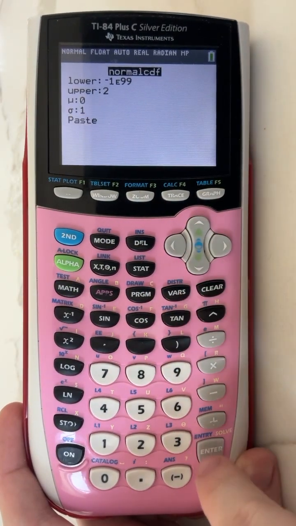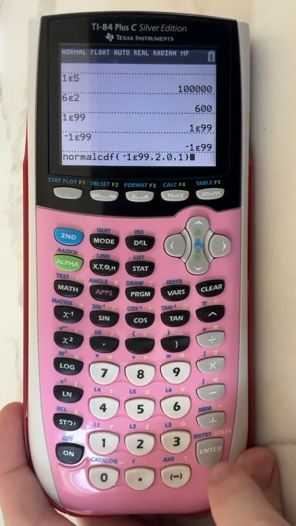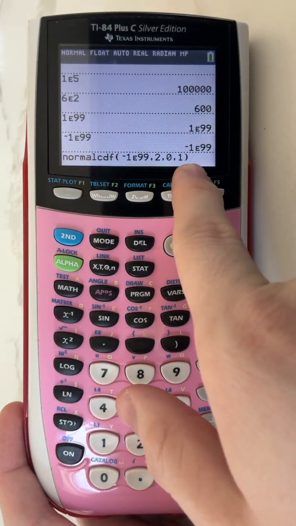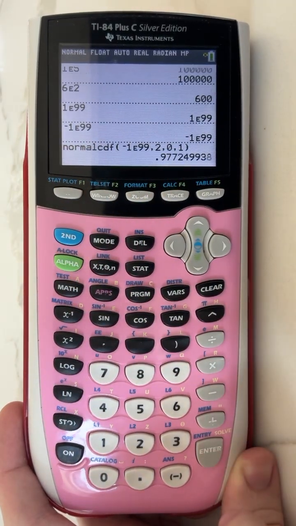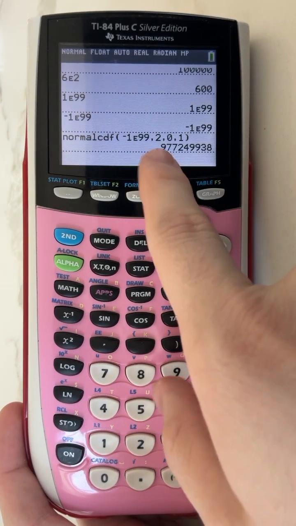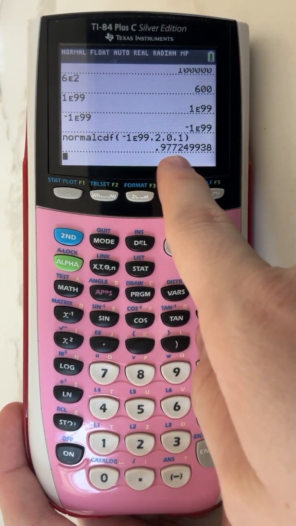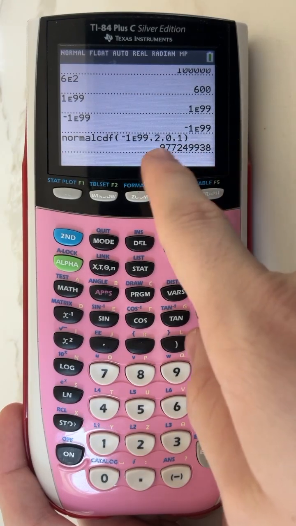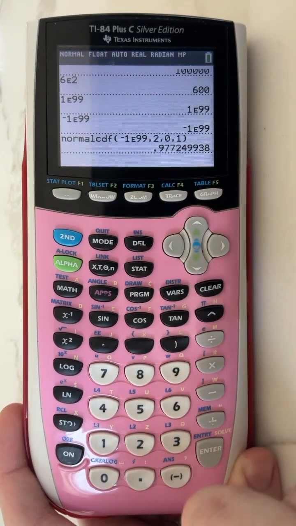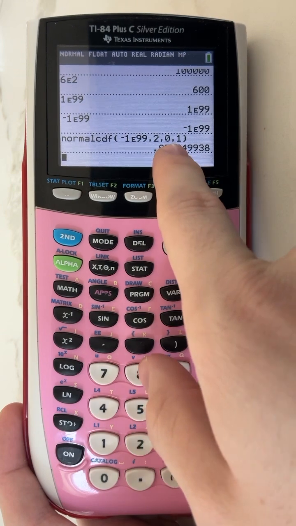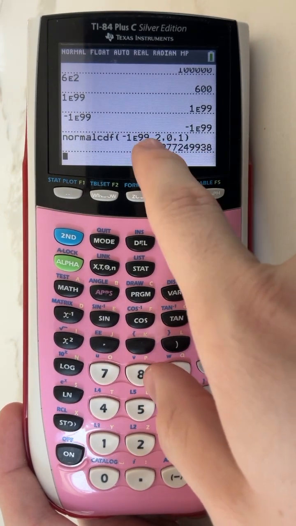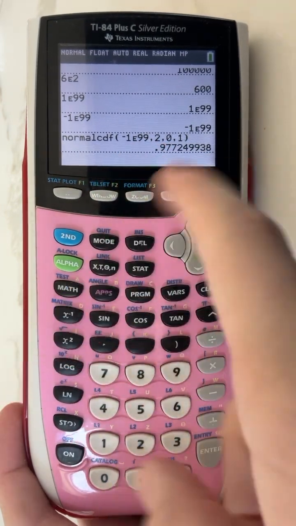We'll go down to paste. Then we'll press enter again because this just pastes an expression for the calculator to use. And the probability that the z-score is less than 2 is 0.9772 and so on. But you see this in the z table because this uses mean of 0, standard deviation 1, and this is exactly area to the left of a z-score of 2.